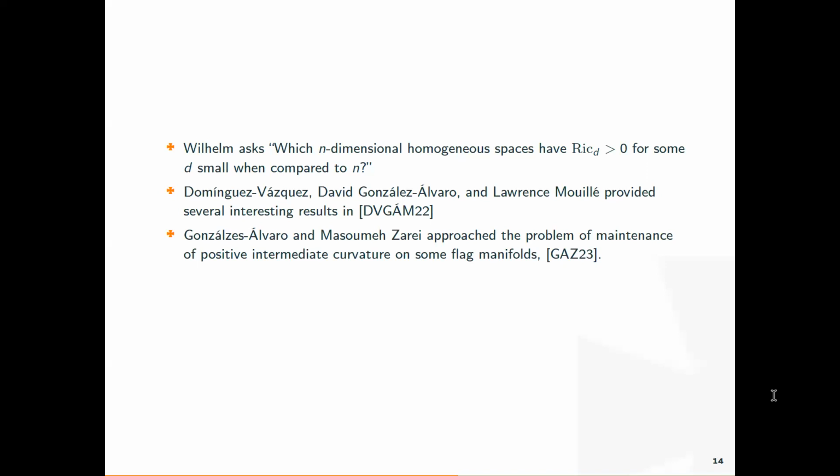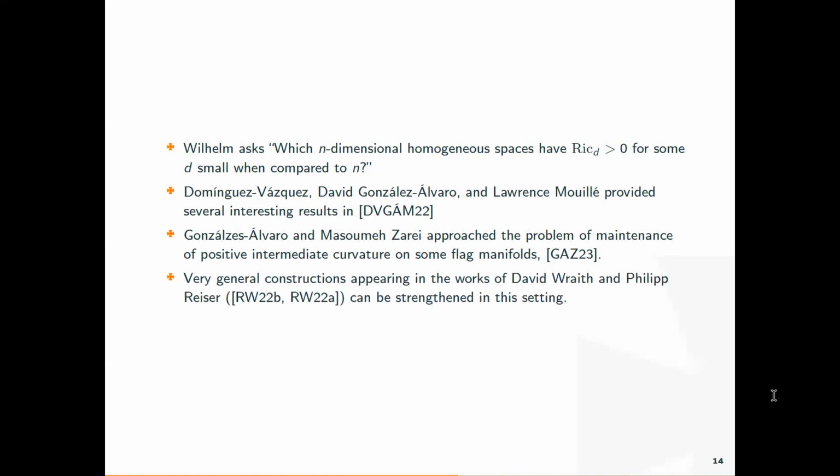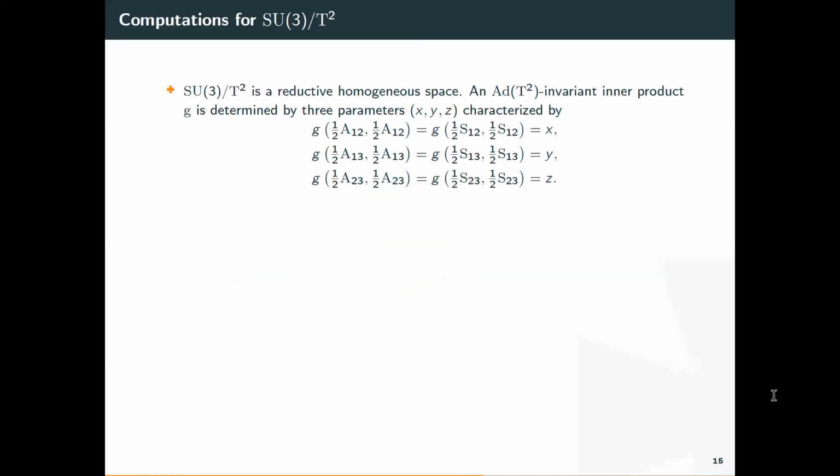And also, of course, the work of David and Masoumeh also does very well with these intermediate notions, exploiting a lot this isotropy representation. But also the work of David Wraith and Philipp Reiser can be strengthened in this setting, in the sense that they proved very general results on the existence of positive intermediate curvatures. But in the homogeneous setting and fiber bundles associated to it, better results are always possible.